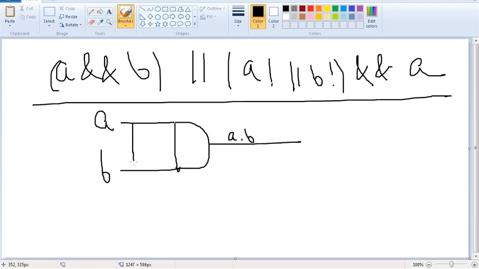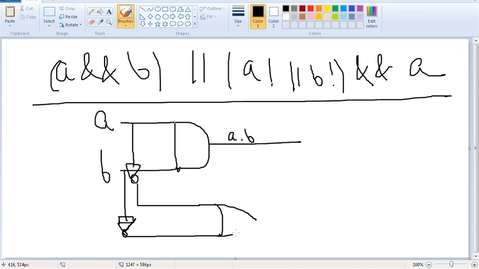So first of all, draw the A node. This is your A node and this is your B node. So first of all, finding the OR operation. This is your OR operation, so use this symbol. So this is your A node or B node.